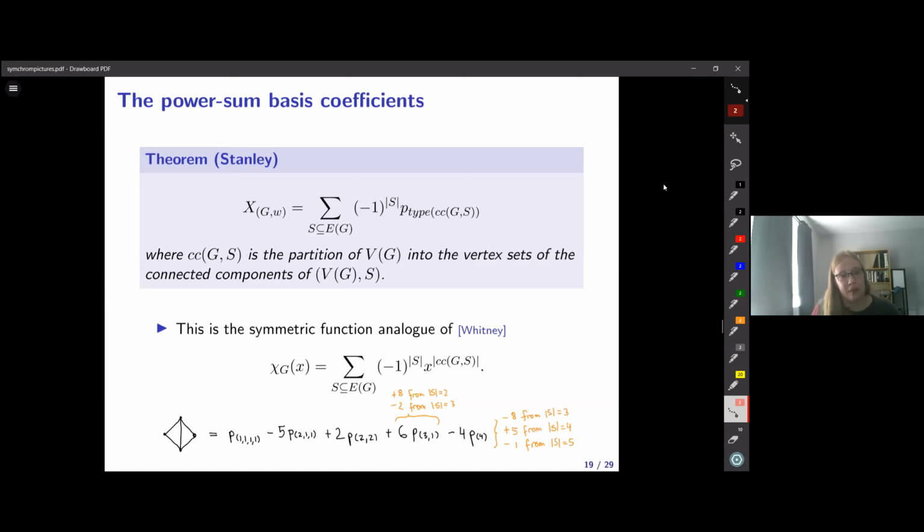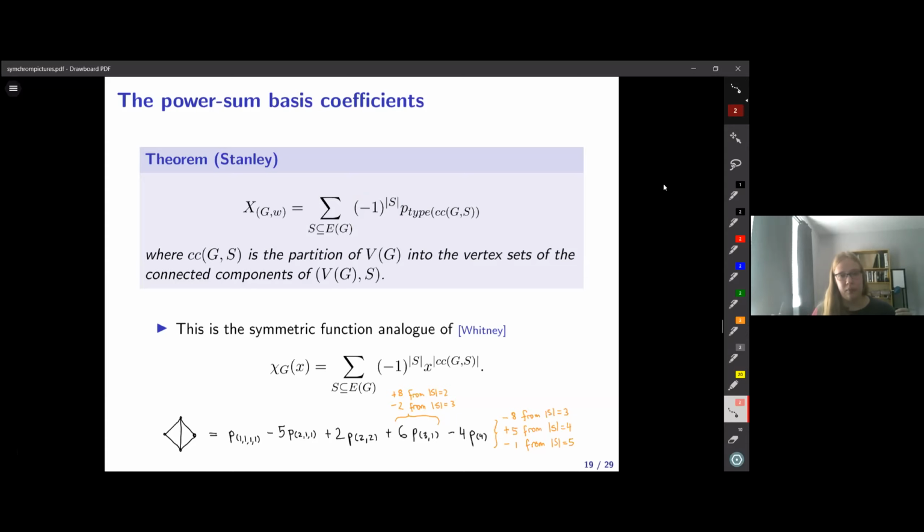So we can compute this thing in the p-basis by just saying, let's apply deletion contraction exhaustively until all the edges are gone. And then here's what happens. For every subset of the edge set, you get a term that corresponds to contracting those, deleting the others. When you contract, you get a -1, so we get -1 to the s. And then what happens if we contract those, delete the others?